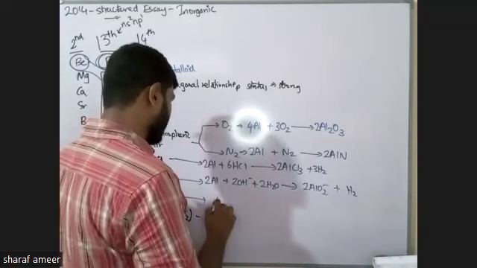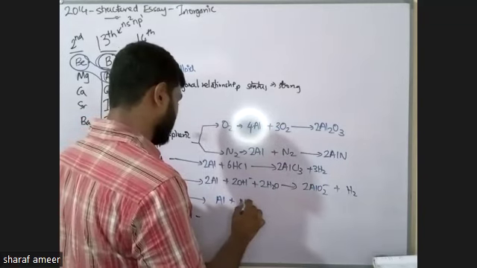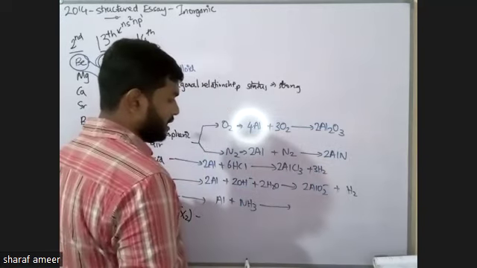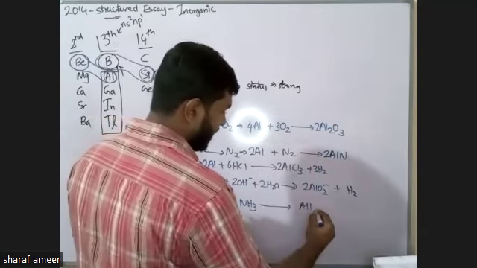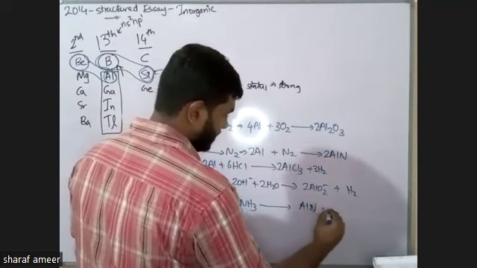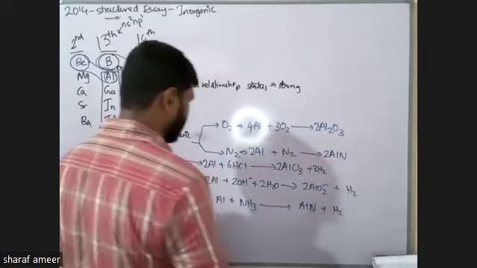Same way aluminium reacts with ammonia. It gives again the nitrides and then the H2 gas here.